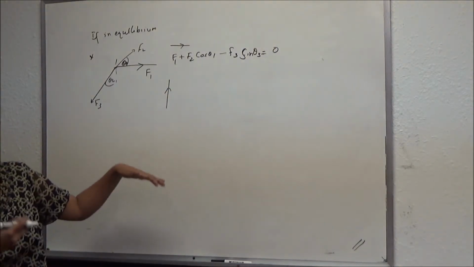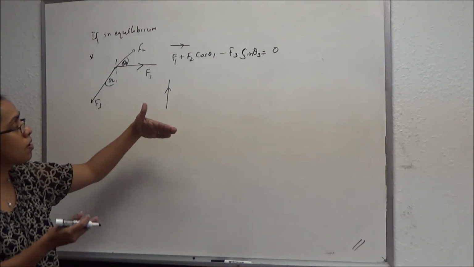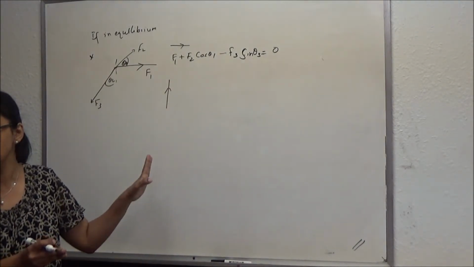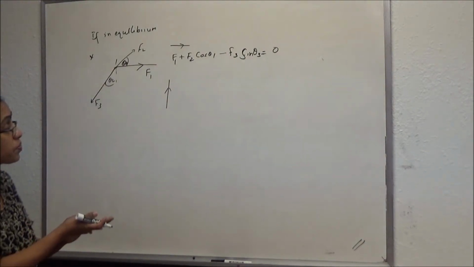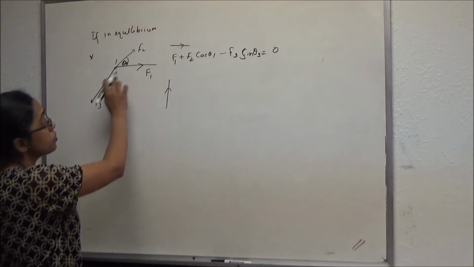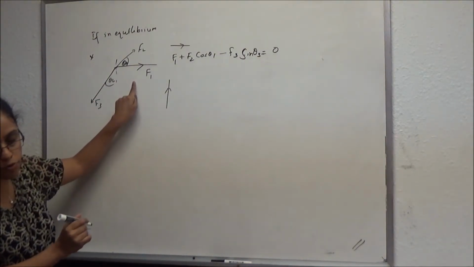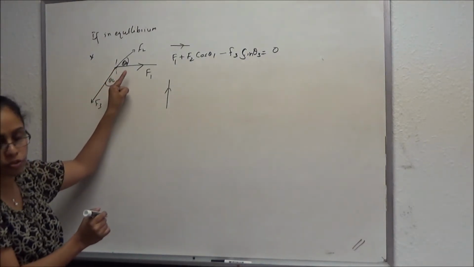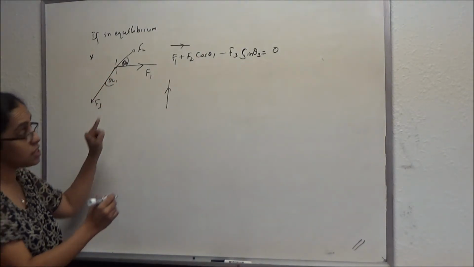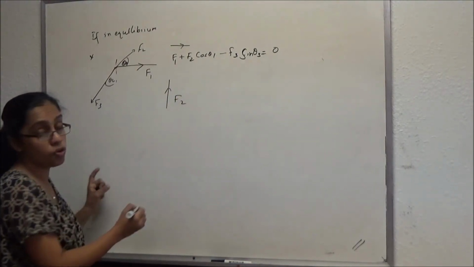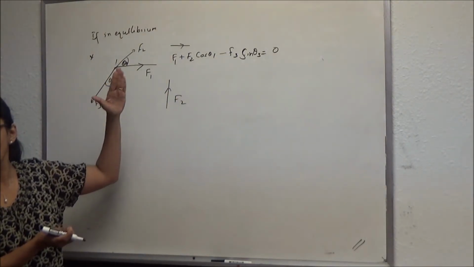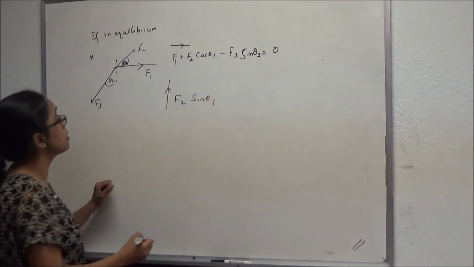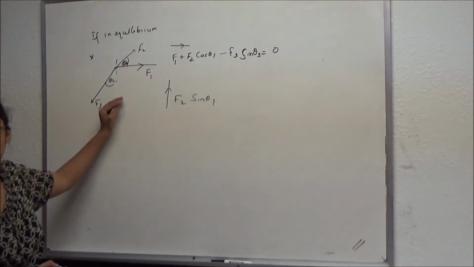Similarly, let's take the other direction. I always take the horizontal and vertical directions because it's extremely easy. Now what do you do here? Do you get F1? No. Do you get F2? Yes. So it should be F2 sine theta 1. Do you get F3?